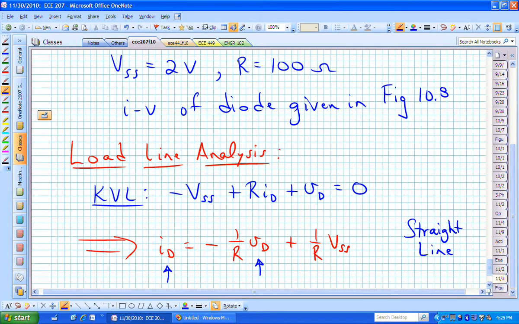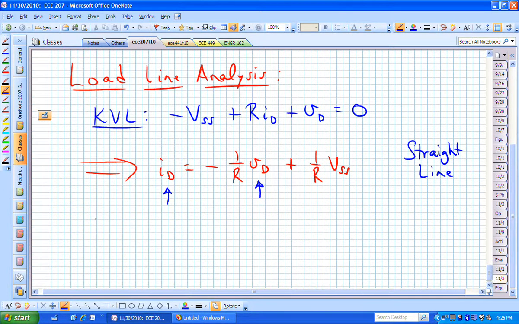What are a couple easy places to find points? One would be when I sub D is 0, and another one might be when V sub D is 0. Those are two variables that we don't know. Let's pick one, solve for the other, and set the other one to 0 and solve for the other, and that will give us our 2 points. Now we can connect those 2 points and make the load line sketch.